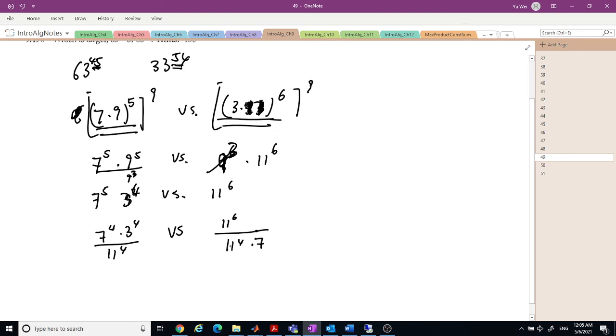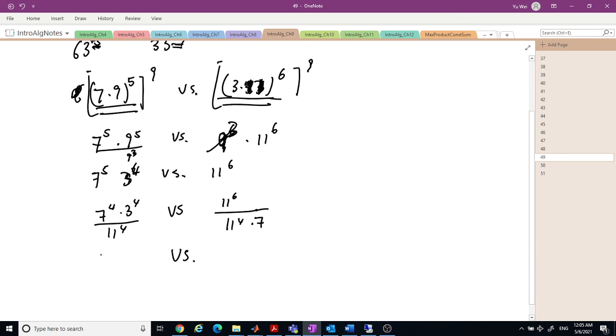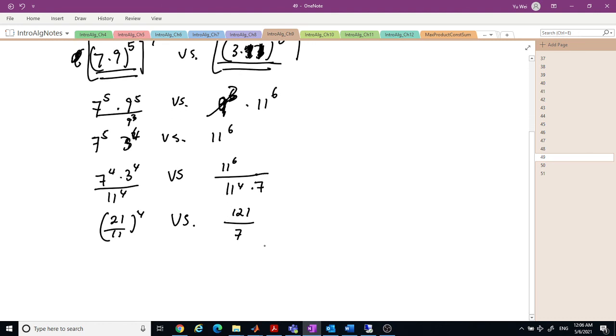So now we compare 21 to the 4 over 11 to the 4 with 11 squared over 7, which is 121 over 7. The left side is less than 16, but 121 over 7 is greater than 16.